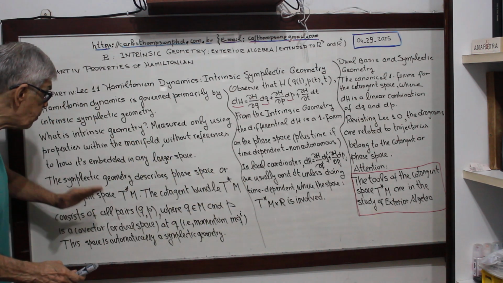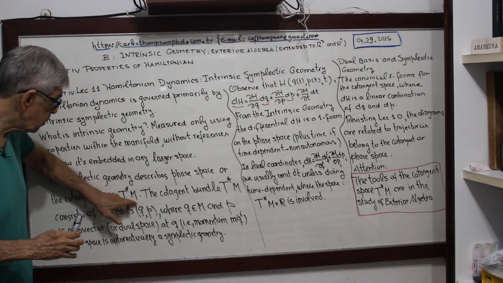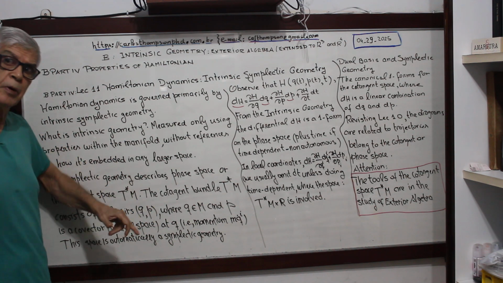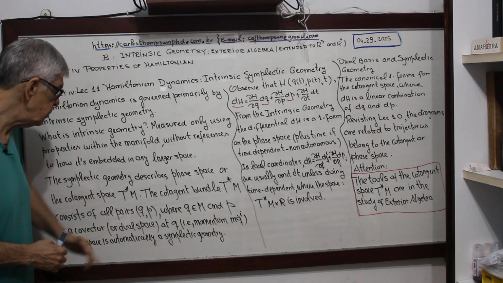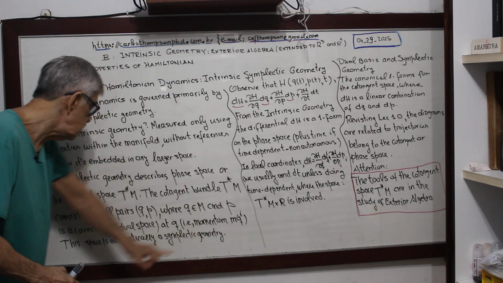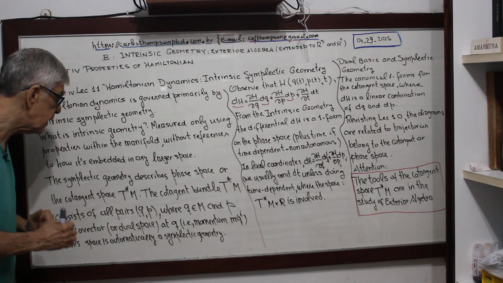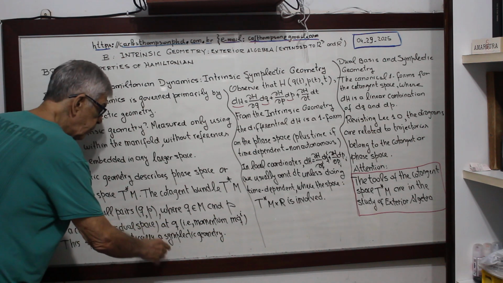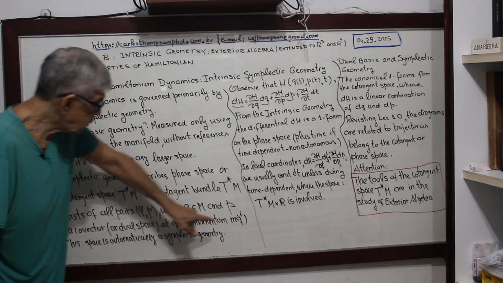This consists of all pairs (q, p). When you write (q, p), you are just bringing in the Hamiltonian. That's important here. So q belongs to the manifold and p is a covector, or dual space, at q. That is the momentum, m q dot i.